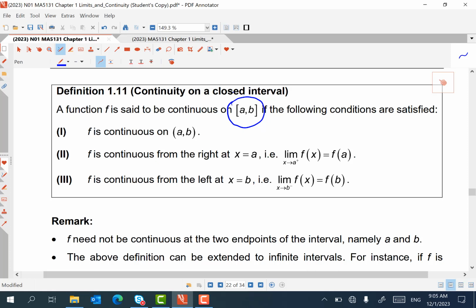Because at the endpoint, you can only talk about the one-sided limit. Can you see? So for continuity on a closed interval, the only exception you need to make is at the endpoints on the left side and the right side, where the condition is weakened to only the one-sided limit equals the function value. That's something you want to know. You know what I mean?